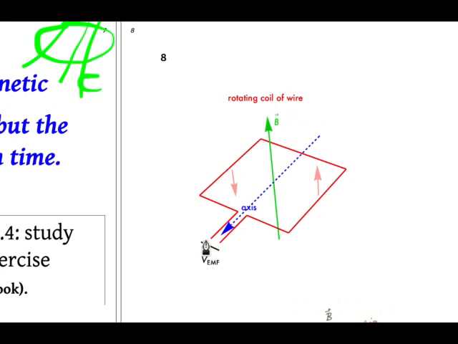So if you connected these two ends with some kind of sliding rings, that would be a source of electromotive force. It would be an electromotive voltage difference between the two ends of the coil.